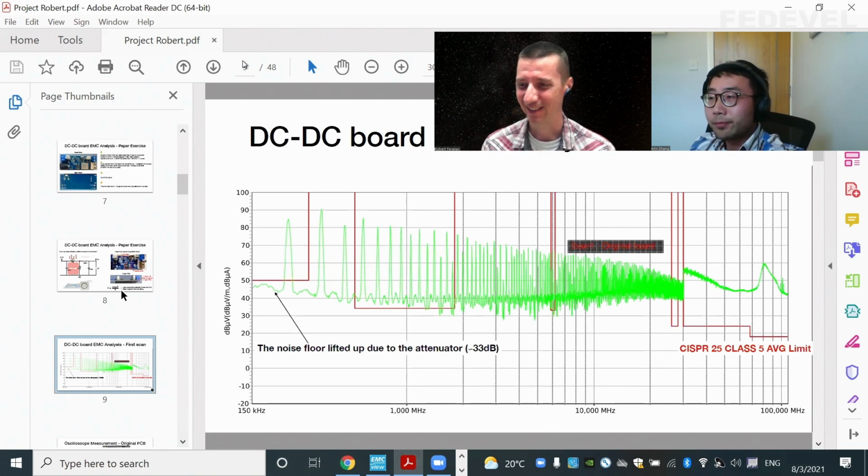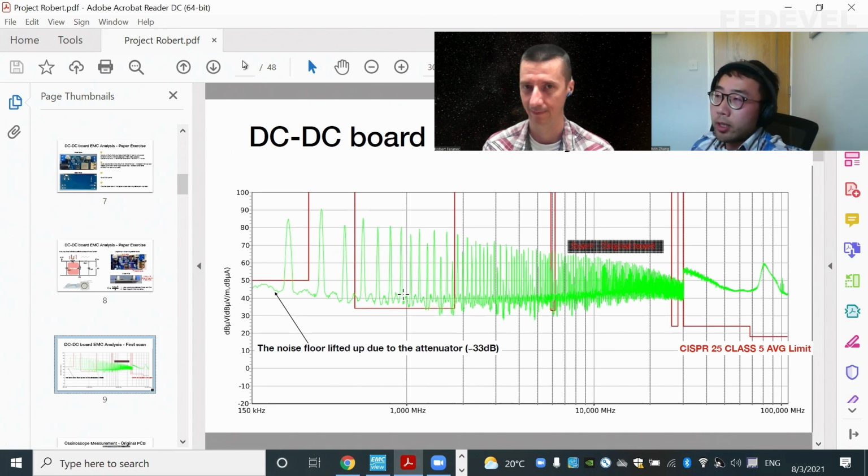So what do we see here? First of all, the red line indicates the test limit. In this case, it's the CISPR 25 class 5 conducted emission limit. And as you can see, the noise level, if we look at the peak, this is an average scan. So for EMC tests, normally we do average scan, quasi-peak scan, or peak scan.